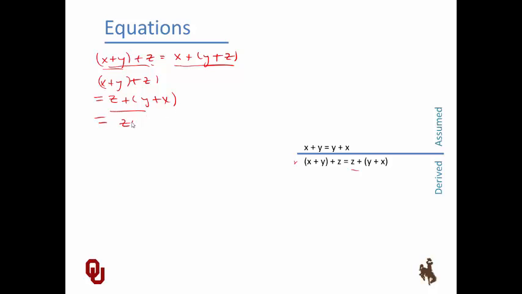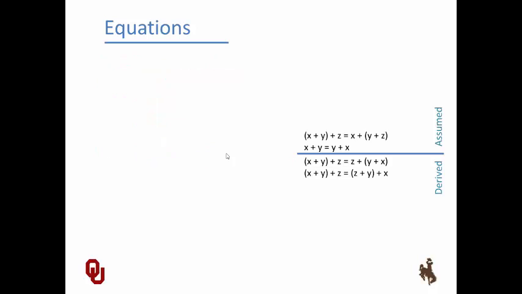So we'll have z plus y plus x. So now we know x plus y plus z is the same as z plus y plus x. Again, something that we already knew, but we're seeing how it's derived from simpler ideas. So now we have two assumed equations and two derived equations.